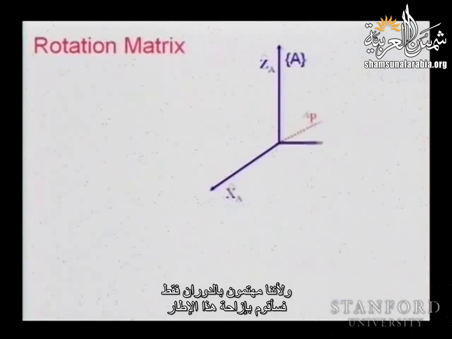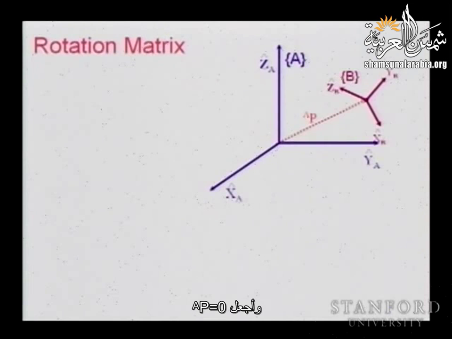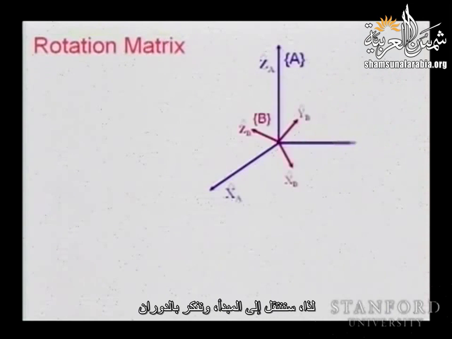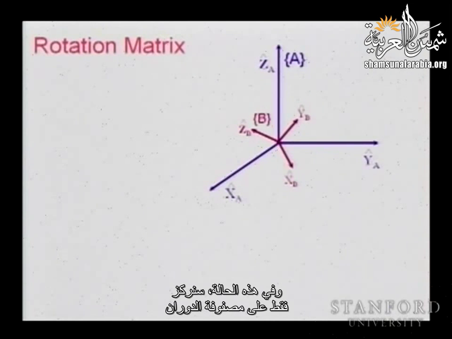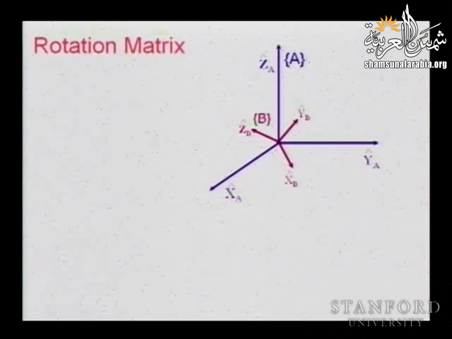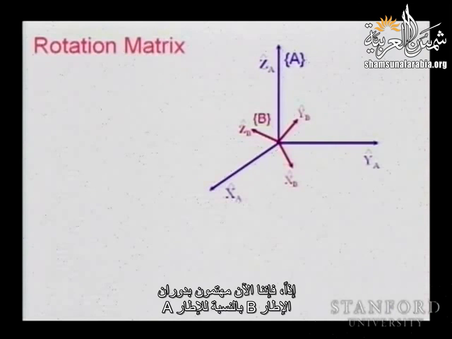Because we are concerned with just the rotations, I'm going to slide this frame and make PA equal to 0. So we will just move to the origin and just think about the rotation. In this case, we will focus only on the rotation matrix and the rotations of that frame with respect to frame A. So we are now concerned with the rotation of frame B with respect to frame A.